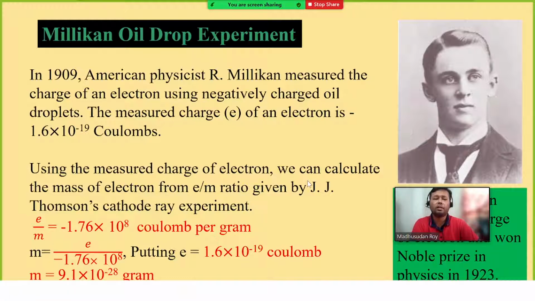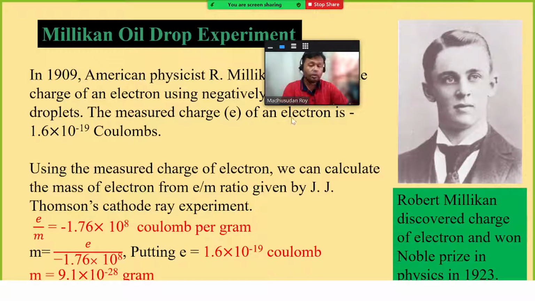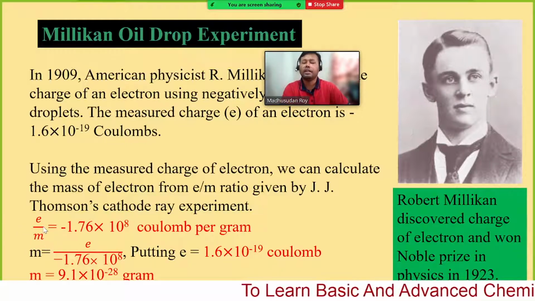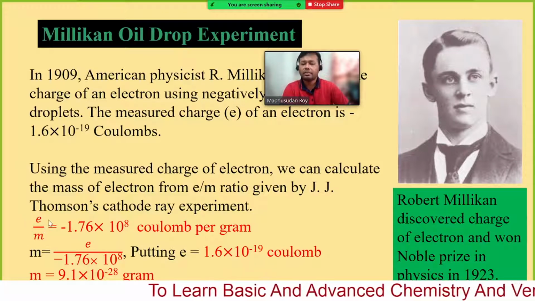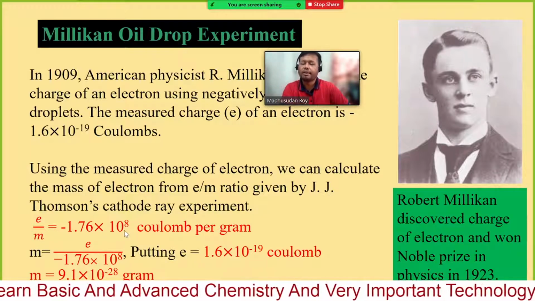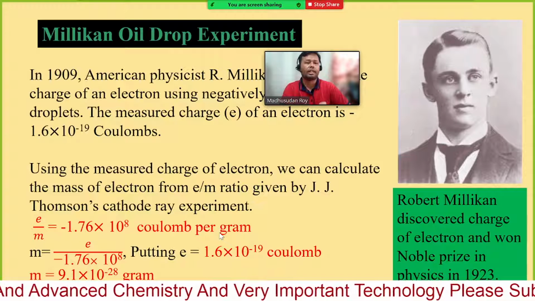Using the measured charge of an electron, we can calculate the mass of the electron from the e/m ratio given by J.J. Thomson. J.J. Thomson could not give the value of the charge, however he gave a very good number, the value of charge by mass, which was minus 1.76 into 10 to the power 8 coulomb per gram.